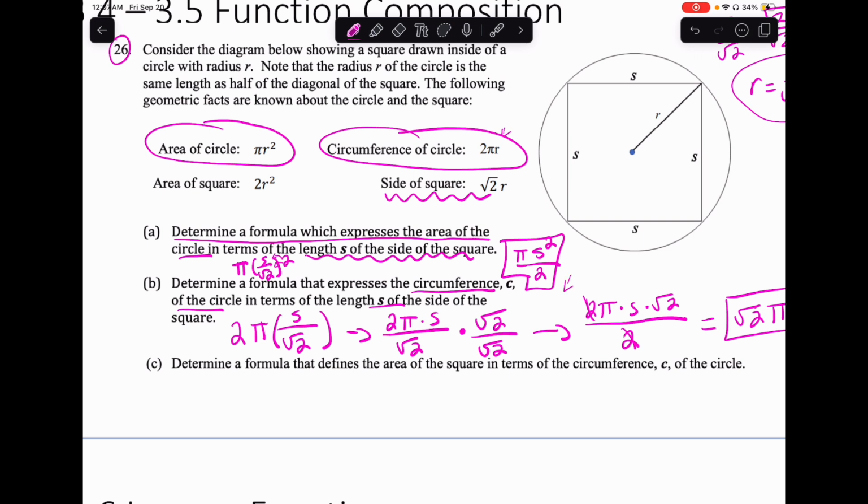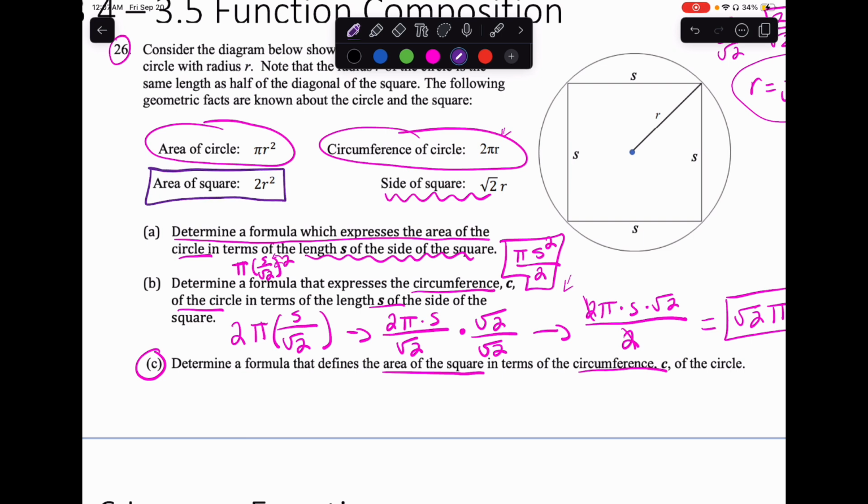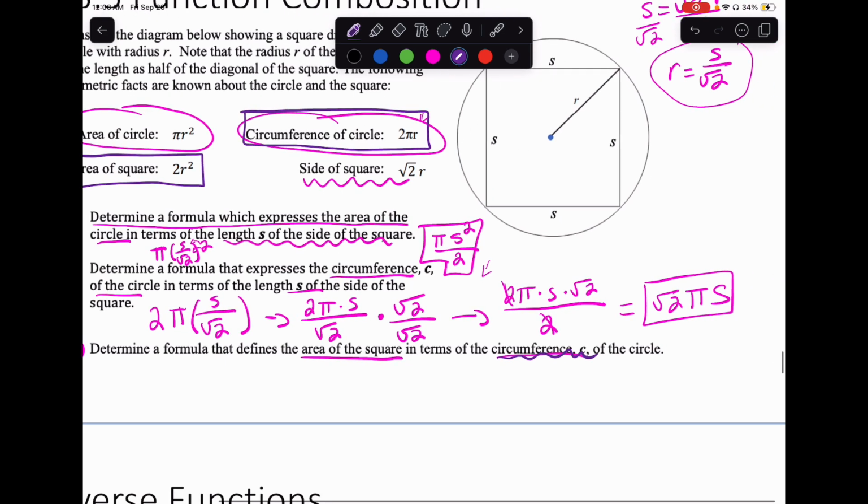Coming up, for part C, determine a formula that defines the area of the square in terms of the circumference, C, of the circle. So let me change colors. Area of the square is 2r squared, but it wants it in terms of the circumference, not the radius. If I look at the circumference of a circle, we can go to the side again.